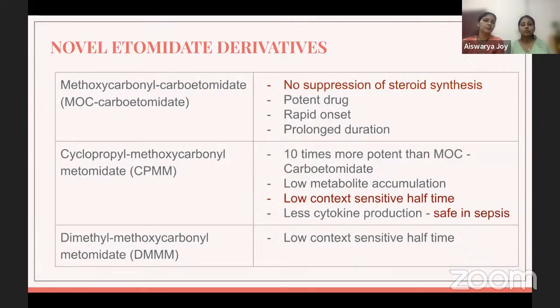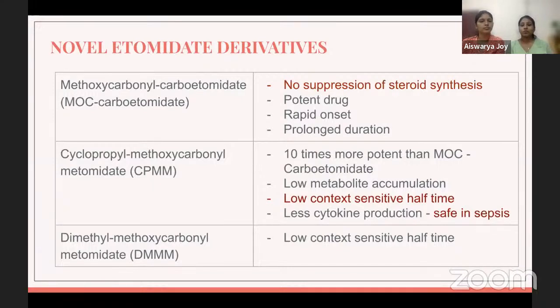Another agent is methoxycarbonyl carbo-etomidate. Again, it has the advantage of no suppression of steroid synthesis. It's a potent, rapid onset drug, and one of the disadvantages is prolonged duration. Another one is cyclopropyl methoxycarbonyl etomidate.